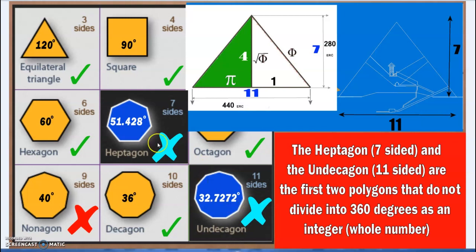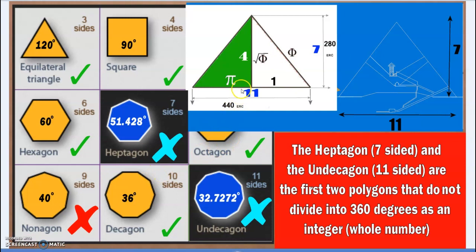The 7 and 11 are the first two of these which do not divide evenly into 360. 360 divided by 7 is 51.428..., 360 divided by 11 is 32.727272. This is interesting because these are the first two which don't divide into a whole integer, and they also are the 7 and the 11 of the Great Pyramid, which gives us this geometry, which gives us pi and the golden number, Euler's number, and all these other very, very important mathematical constants.